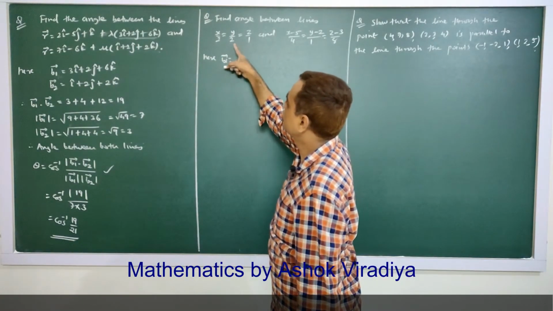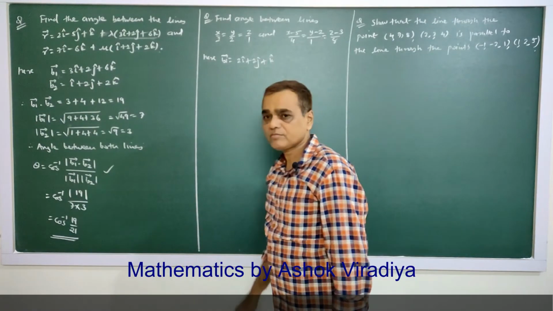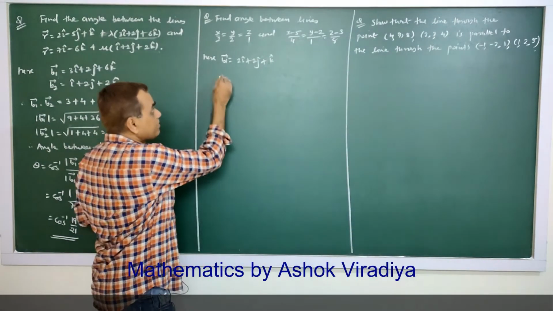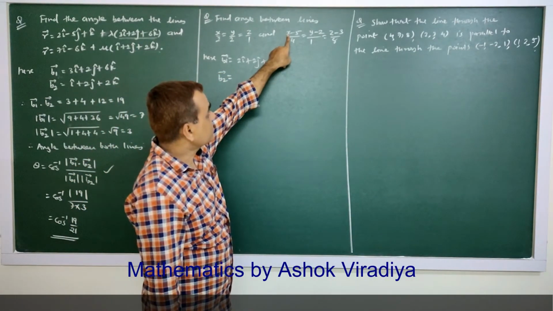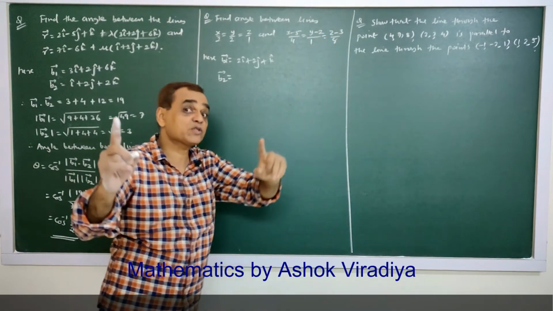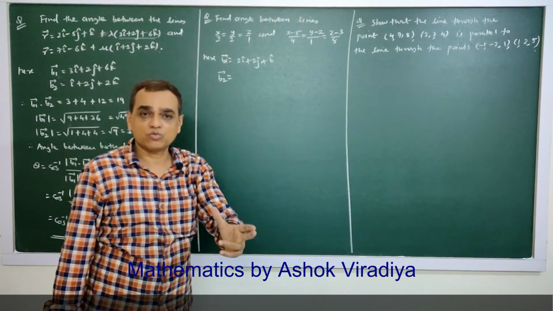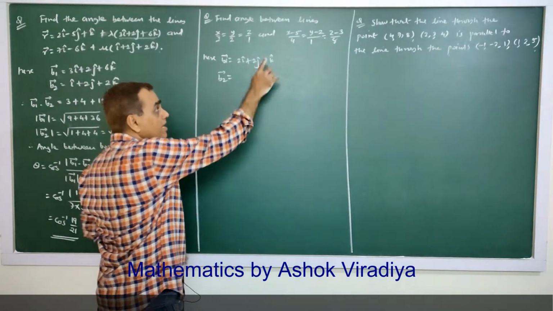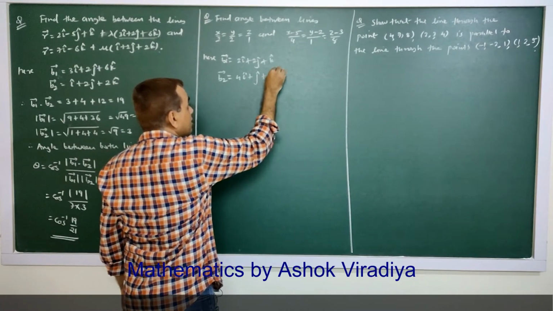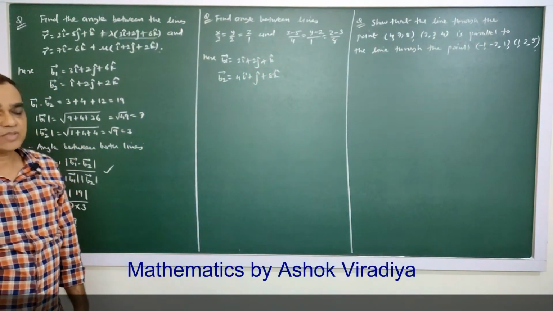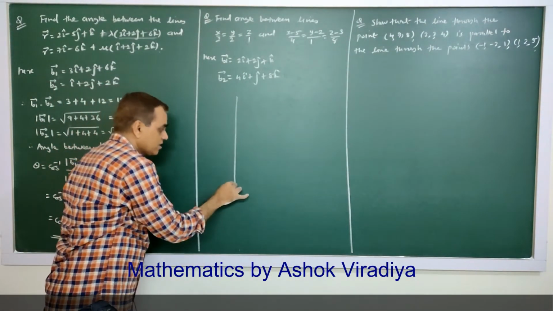B1 is 2, 2, 1, that is 2i plus 2j plus 1k. Vector B2: before taking a vector, check that the coefficients of x, y, z are 1. If 1x, 1y, 1z are given, then and only then you can take these as direction ratios. So applying these direction ratios with ijk, this is a vector parallel to that line. Now by a similar method you can finish this question.